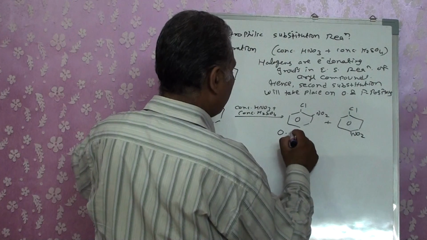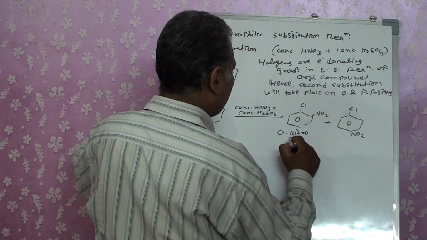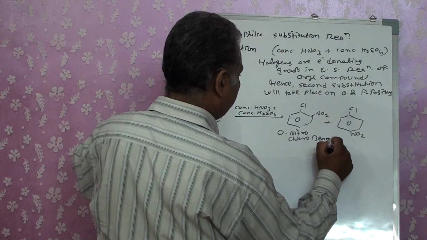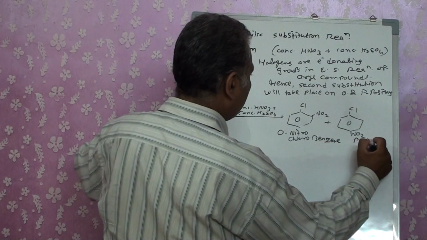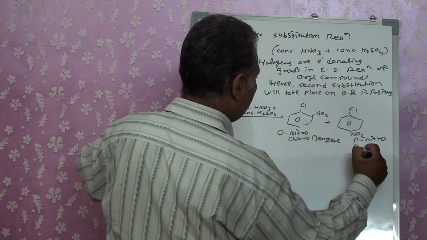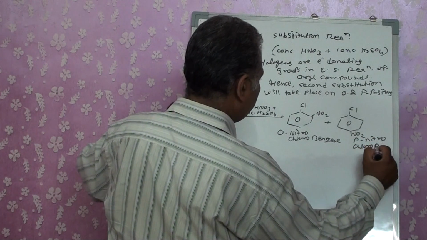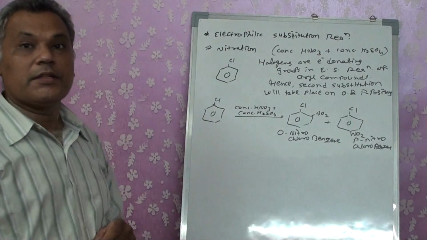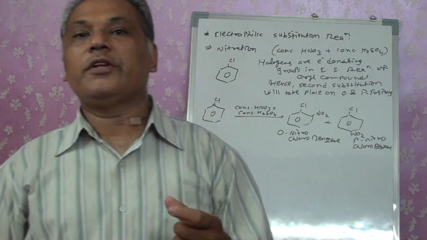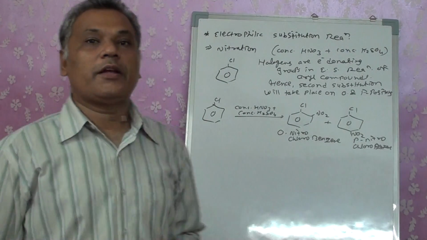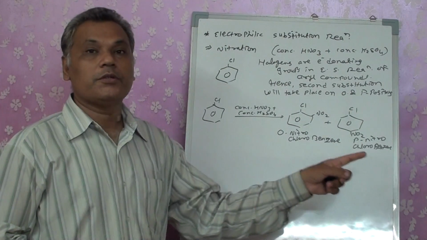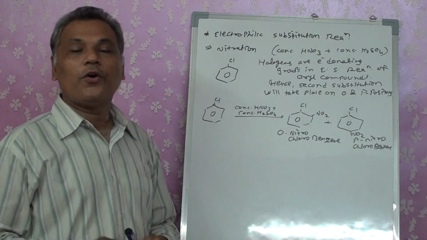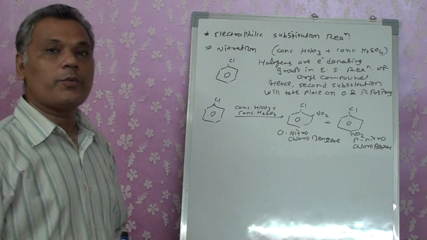It's going to produce ortho-nitro-chlorobenzene and para-nitro-chlorobenzene. Right? So whenever electrophilic substitutions are carried out, they will be carried out only at the ortho-para position. All the 6 reactions that we are going to do will take place at the ortho-para position.